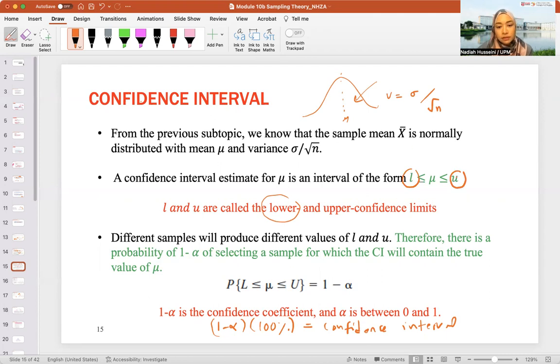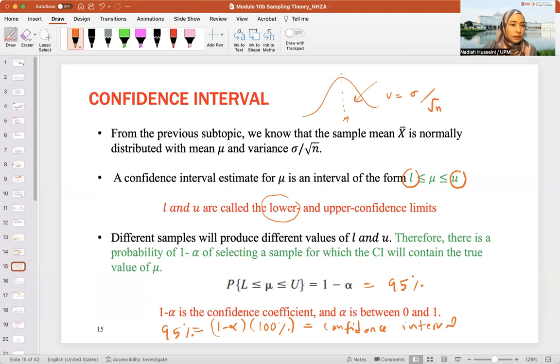And to specify this range, I need to know what is my alpha. It gets a little bit confusing at this point. 95%, so I can solve for alpha. So alpha will be 5% or 0.05.